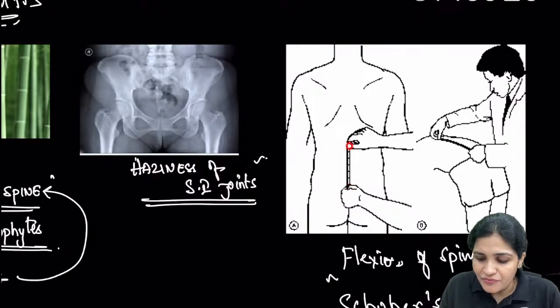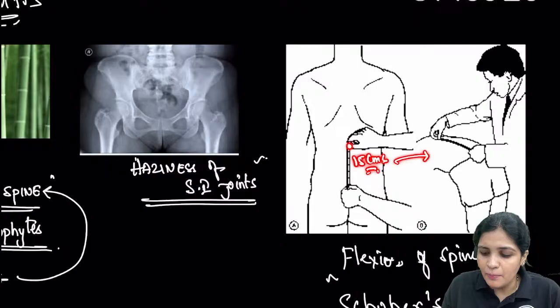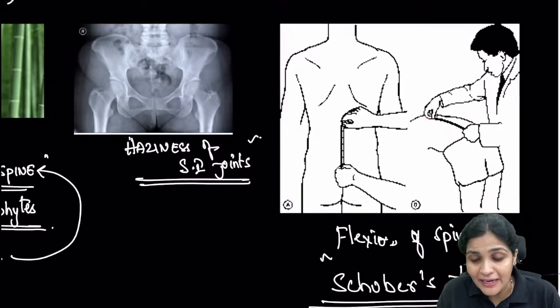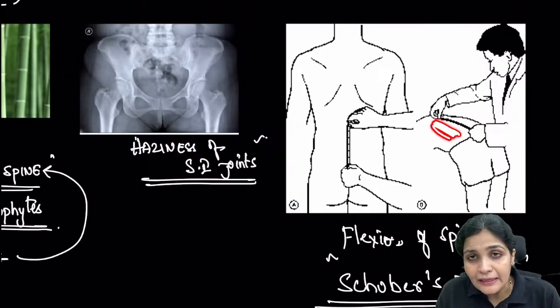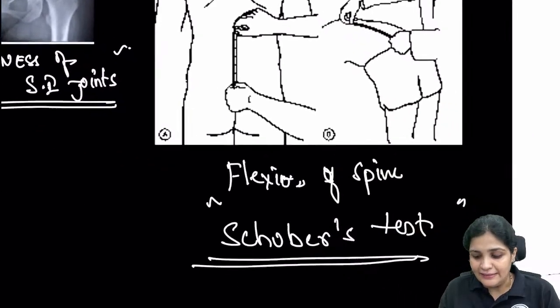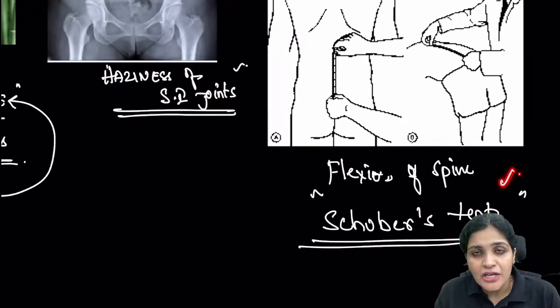Now you take 15 centimeters above it, right? And now you ask the patient to bend. Usually the distance has to increase, right? But in ankylosing spondylitis, because there is a restriction in the flexion of the spine, there will be a decrease, or it will be the same point. There will be no increase in the length. So that is why this is called Schober's test. Okay.